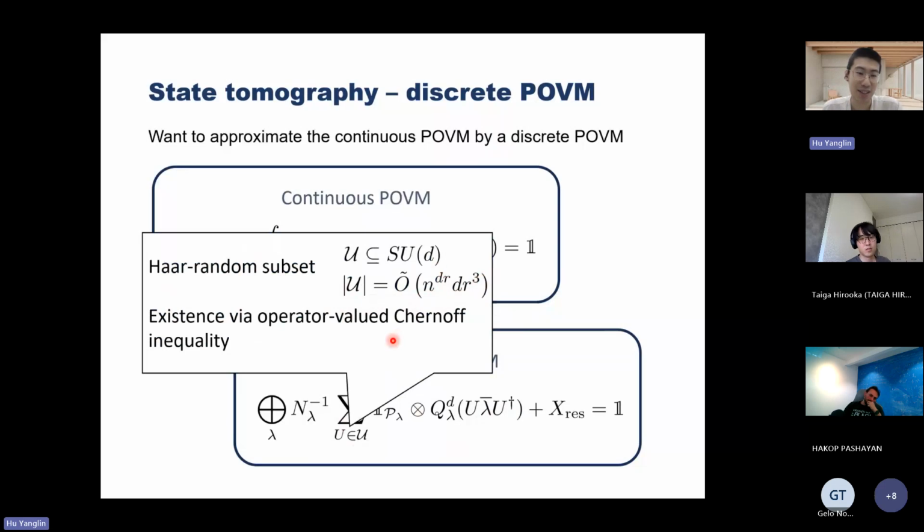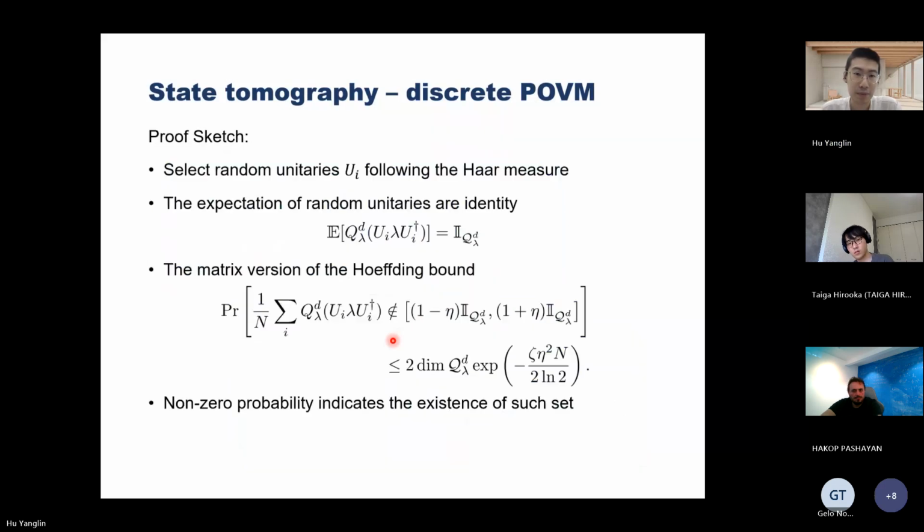We show that this discrete unitary design exists by some operator valued Chernoff bound. So we discretize this continuous POVM, and we show that to perform this discrete POVM, we have an upper bound on the memory complexity.